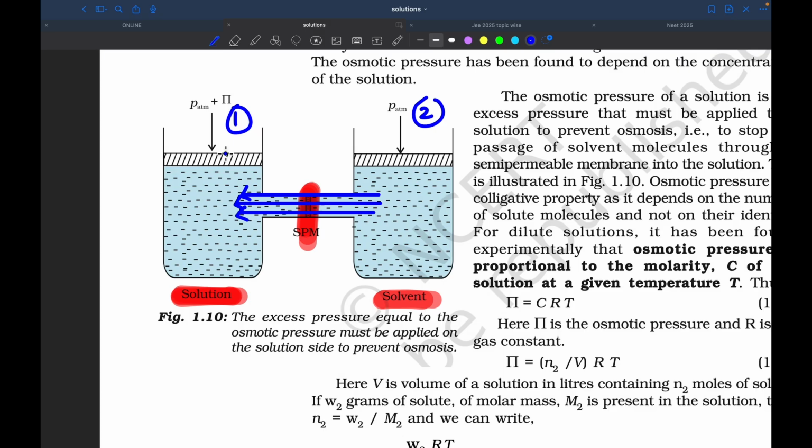So what happens is the level of water in chamber 1 increases, isn't it? So the chamber level increases. So this is what generally we call osmosis.